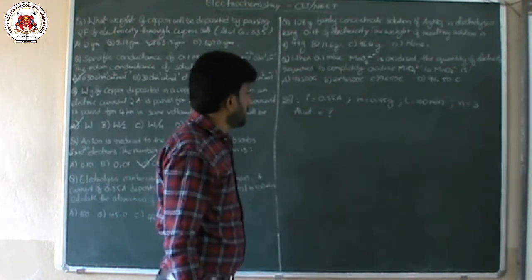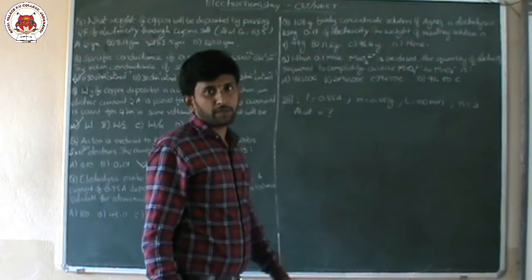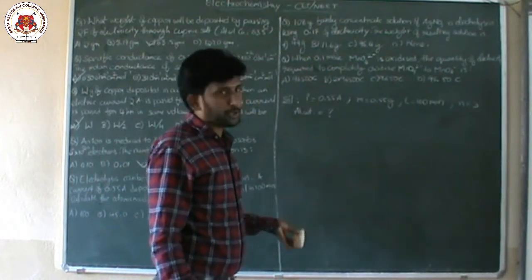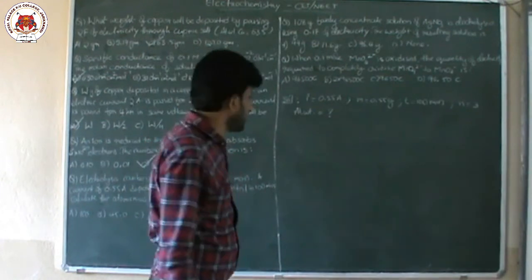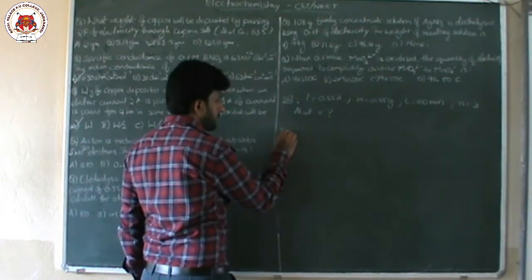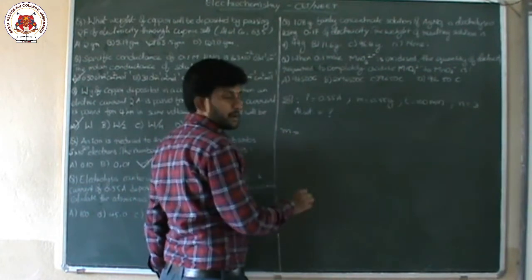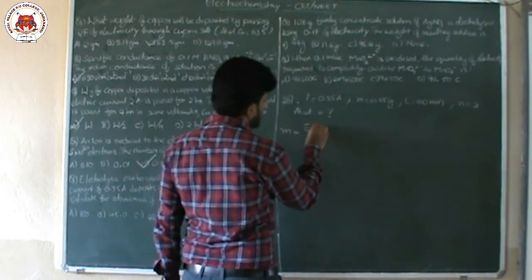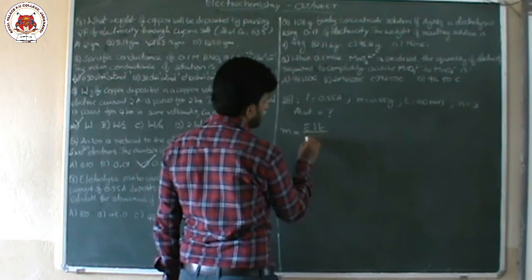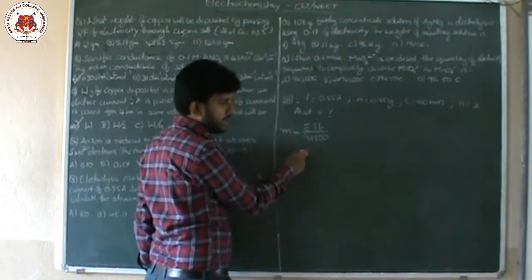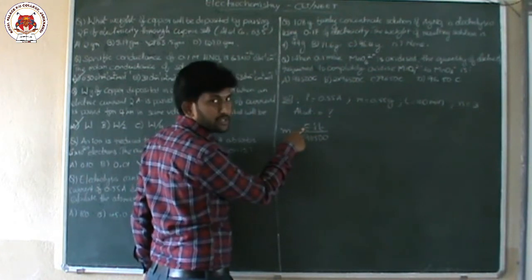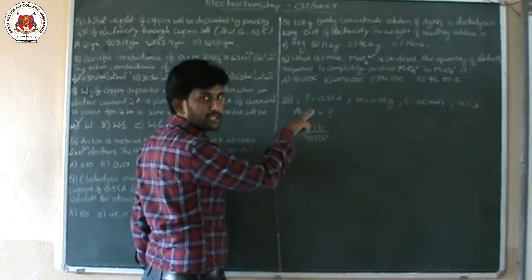First of all, to find the atomic weight, we need to calculate the equivalent weight. Then only you can get the atomic weight. What formula do I need to use here? Mass is equal to Faraday's first law, E I T by 96,500. By using this formula, first I will calculate the equivalent weight.